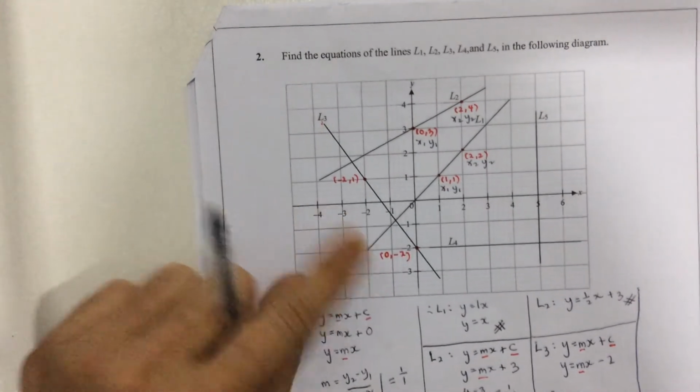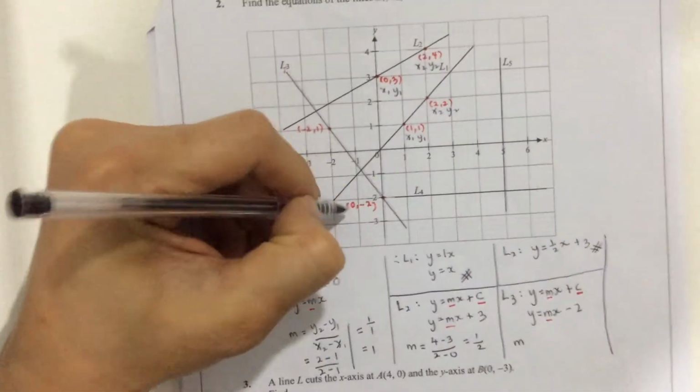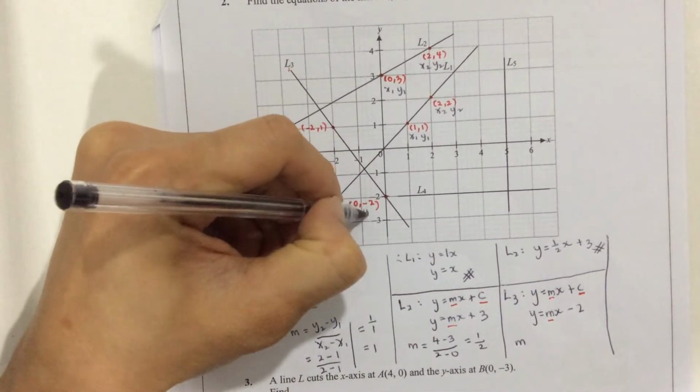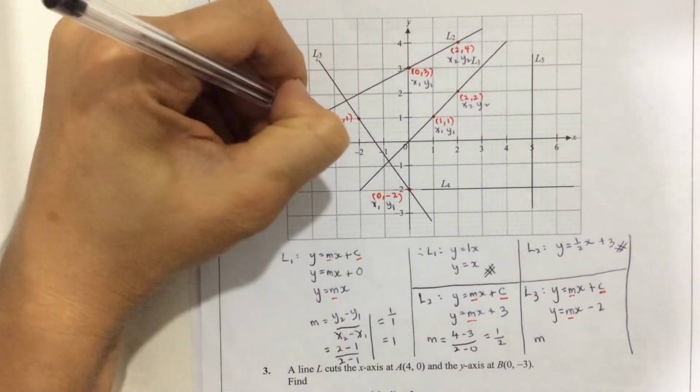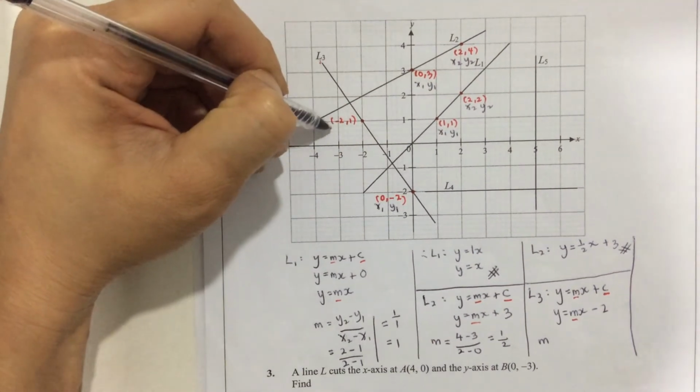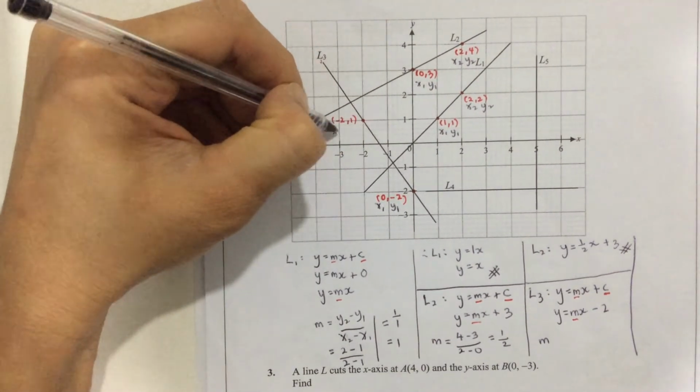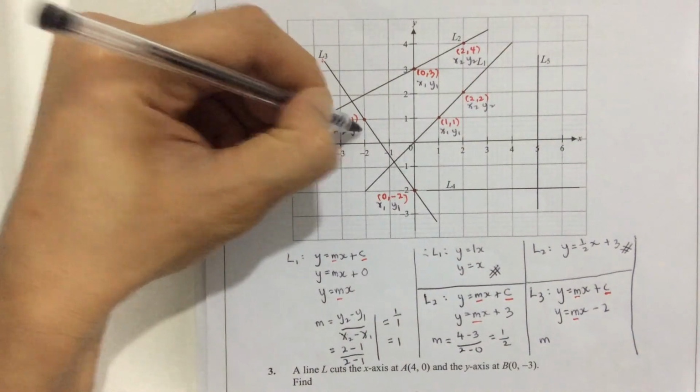Before we use the gradient formula, we're going to label this. I'm going to label this as x1, y1. So x1 will be 0, y1 will be -2, and the other point (-2, 1) will be x2, y2.